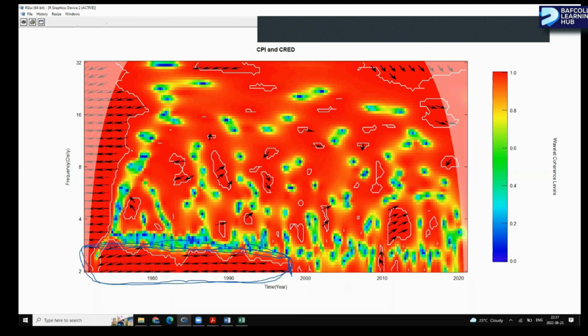Okay. When we come here, wow, that's a long stretch of coherence, all the way. Remember, anything beyond the gray is insignificant. Okay. So what do we see?